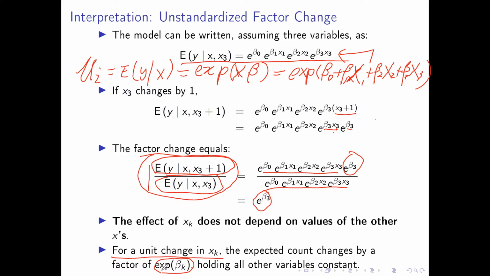If the exponential function of beta k is a number between 0 and 1, we're going to say the expected count decreases by a factor of e raised to the power of beta k, holding all other variables constant. So this is the factor change interpretation of the results that you're going to use in your work.